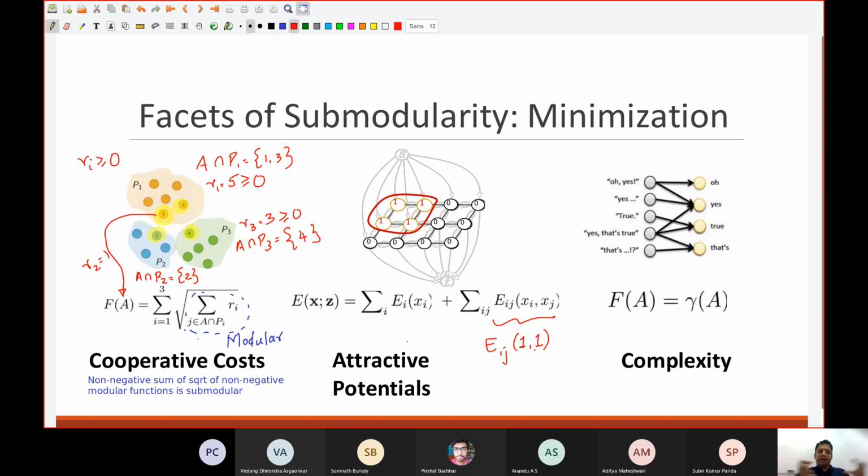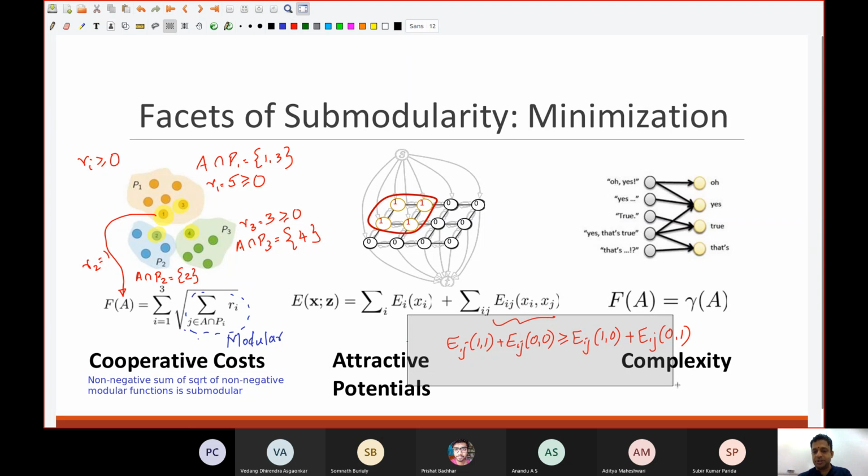I want 1 and 1 to be attracting themselves more. So you would expect Eij 1 1 plus Eij 0 0 should be greater than Eij 1 0 plus Eij 0 1. That's what we mean by attractive potentials.